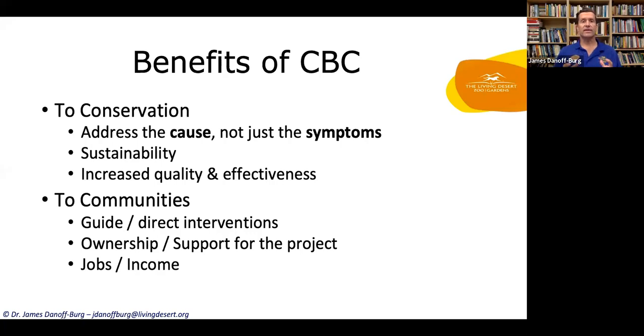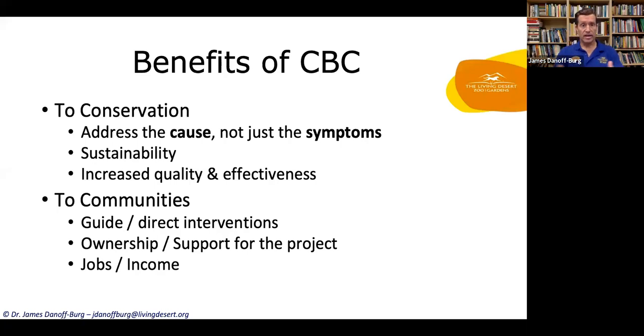So if we can, through community-based conservation, understand what our communities are thinking and find those happy intermediate intersections between people and the environment where the two can intermesh and interdigitate well so that both benefit, right? So not only do we address the cause and not just the symptoms, but we lead to improved sustainability as well.